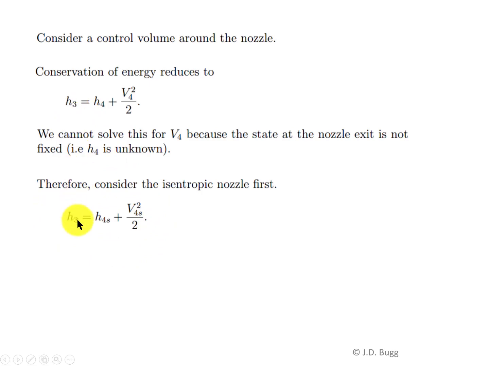Notice the inlet, there's no change there, but the exit properties are going to be different for this isentropic nozzle than for the real nozzle. The reason that we're looking at the isentropic nozzle is because we can find this H4S, because at the hypothetical or the isentropic exit we have one extra property that we know.